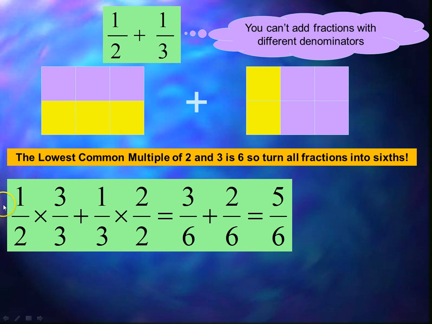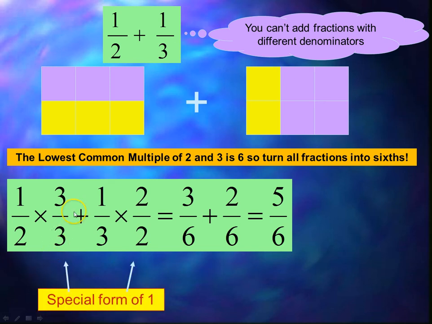So we have 1/2 times 3/3, and just to remind you that this 3/3 is a special form of 1, and all we're doing is making an equivalent fraction, and when you multiply something by 1, it doesn't change how much of it you have in a fraction form.